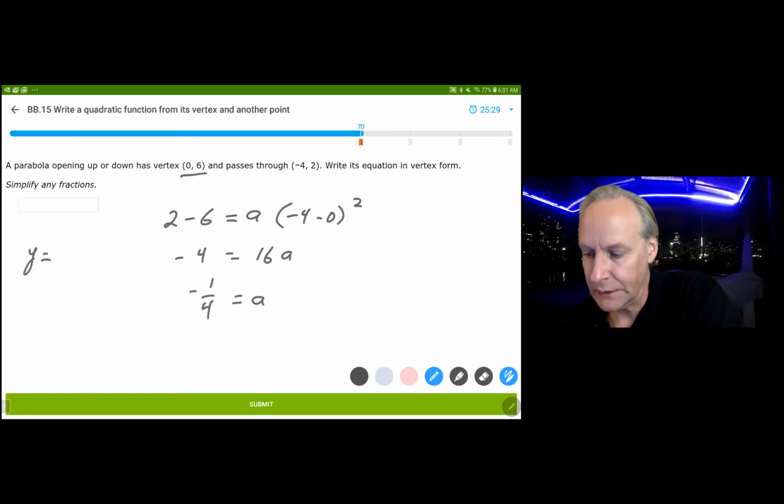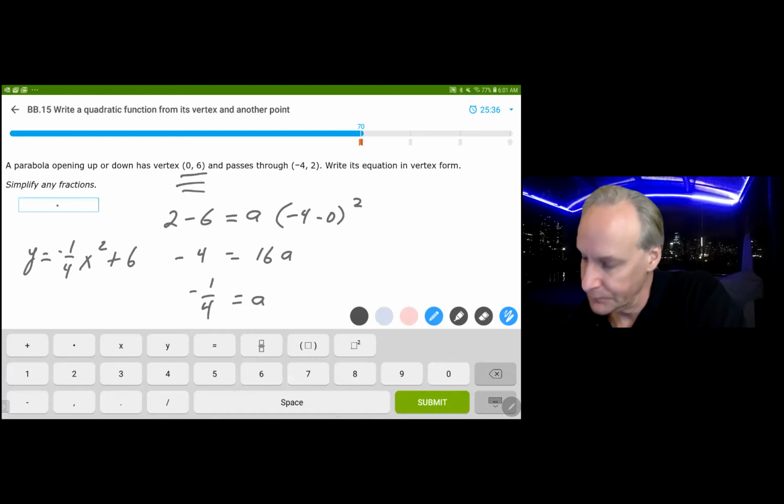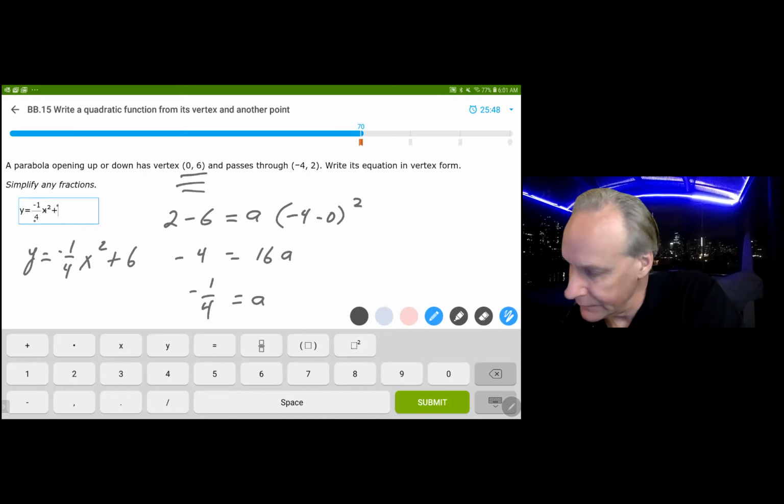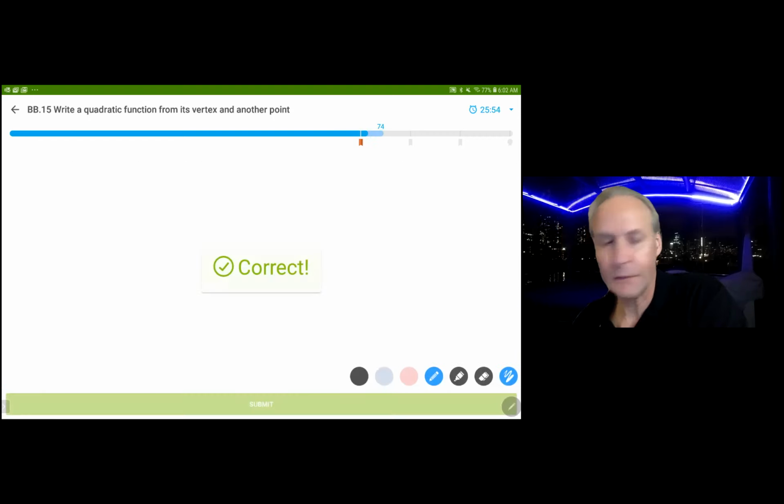Y equals -1/4 x squared, careful, plus 6. That's it. Y equals -1/4, we've got our x squared plus 6. Looking good. I think it's okay.